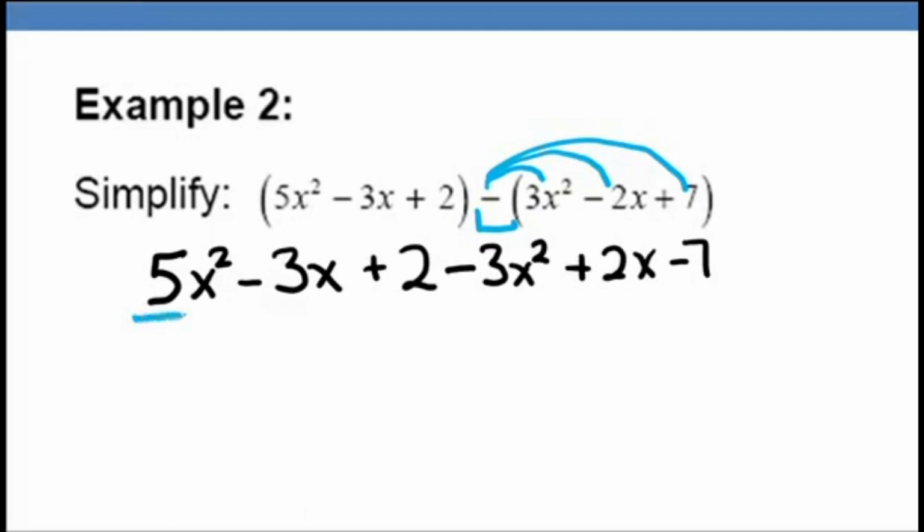So our x squared terms are like terms. We're working with the coefficients. So we have different signs, subtract, sign of the larger, so positive, keep the variable exactly like it is. Now we'll do the x terms.